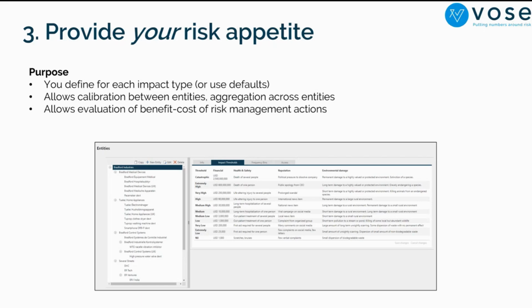And it also allows you to aggregate the risk. So if one risk can cause multiple consequences of different types, then you can calculate the aggregate exposure of that risk and calculate the score for it, given that it has many types of impact.